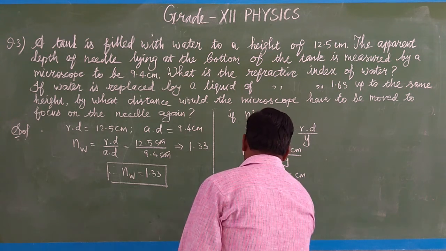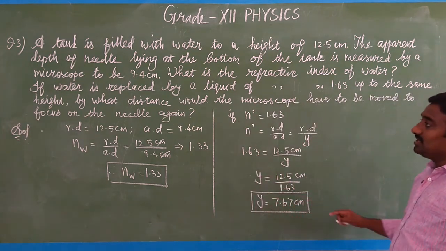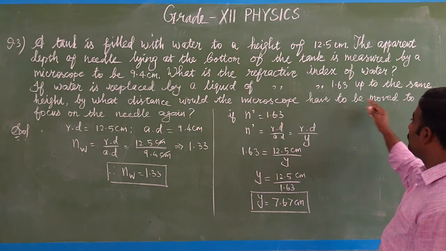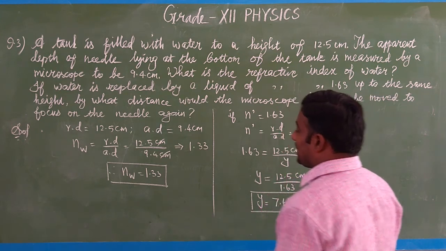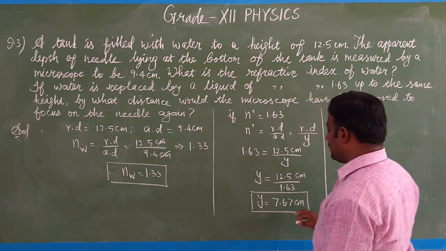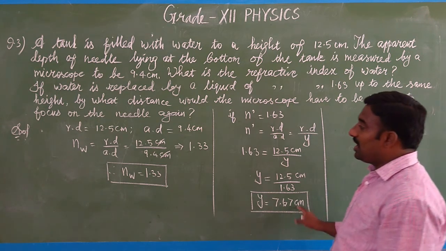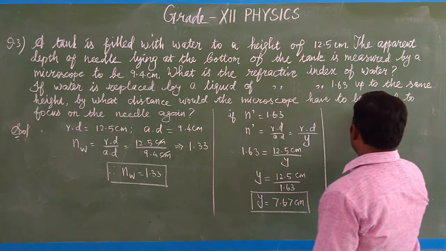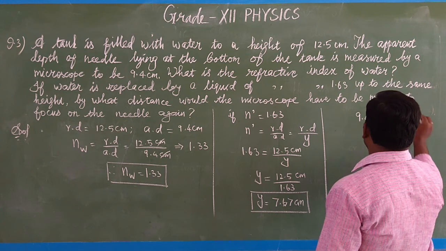7.67 centimeter. By replacing the liquid, this is the apparent height, but they are asking at what distance the microscope would have to move further to focus the needle again. In this case, you compare these two values. For the new liquid, the apparent depth is 7.67 centimeter, and when water is placed, the apparent depth is 9.4 centimeter. So 9.4 centimeter is greater than the new depth.